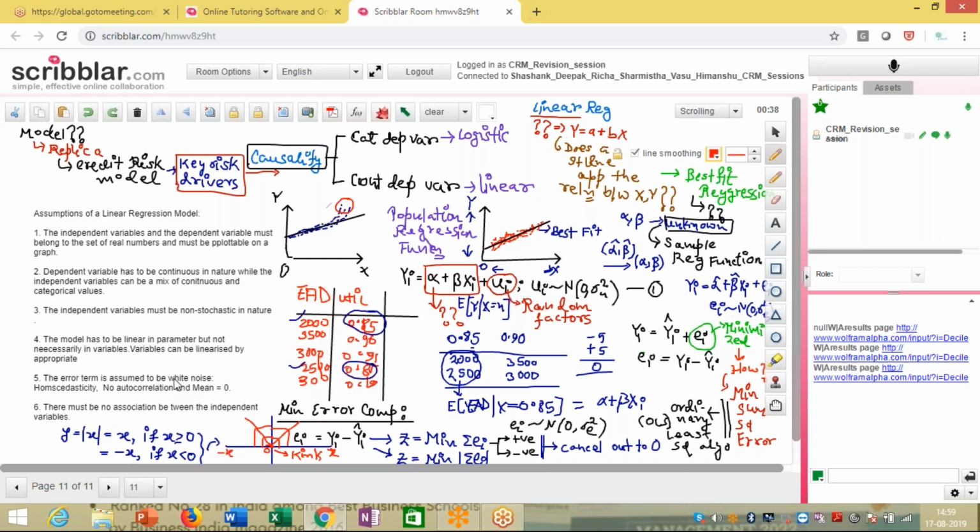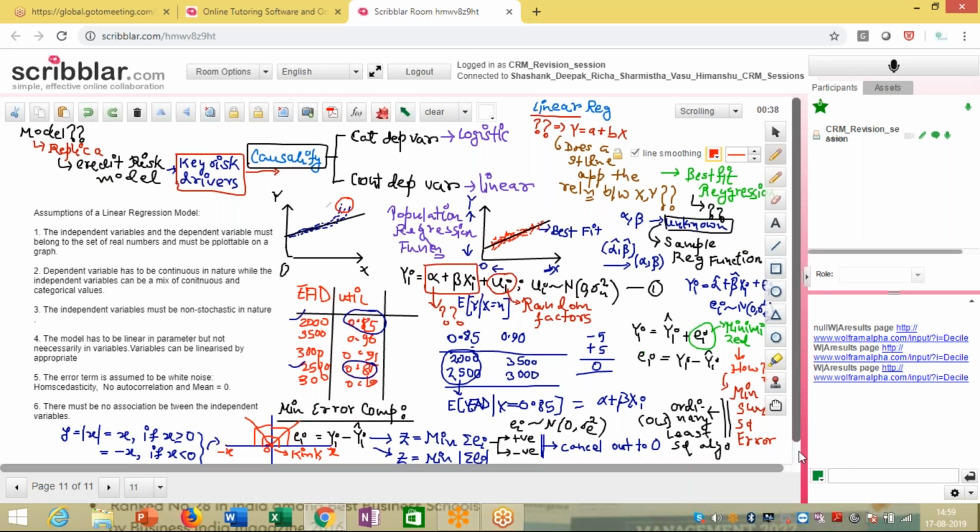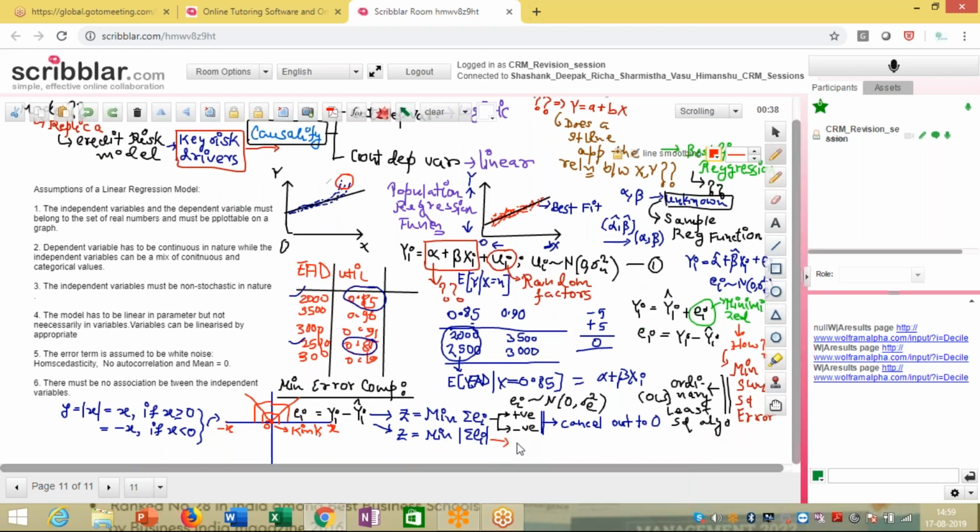Also, since this function has a kink, the biggest challenge with this function will be that this function is not differentiable. Now, if it is not differentiable, then it is very difficult to extract the functional form of the estimators where this function gets minimized.